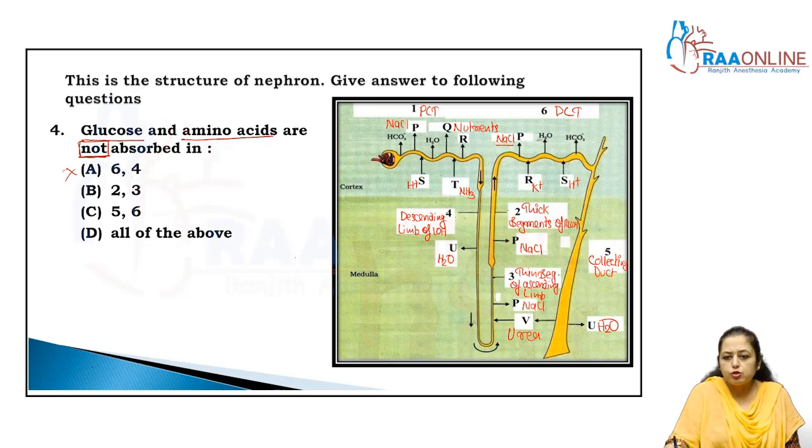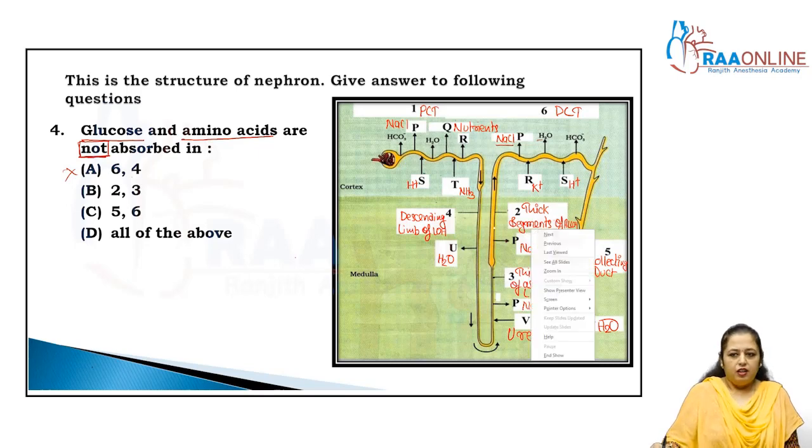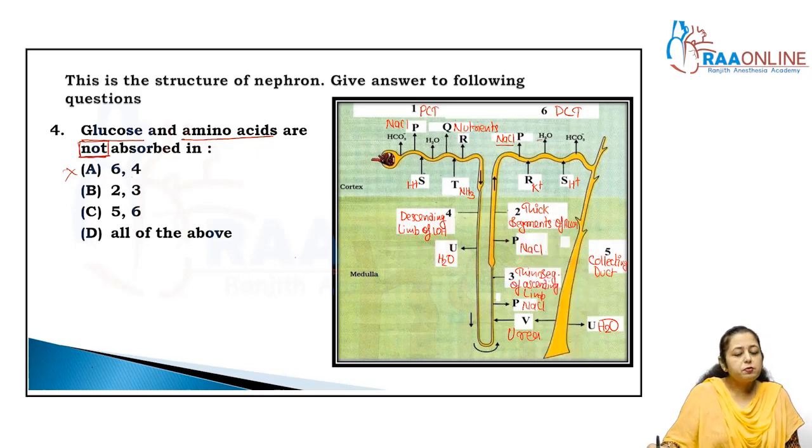2 and 3, what are 2 and 3? That is 2, the thick segment of LOH. In that portion, it is permeable for electrolytes and impermeable for water. So reabsorption is minimum, right? And nutrient reabsorption occurs only in PCT, so it is also wrong.